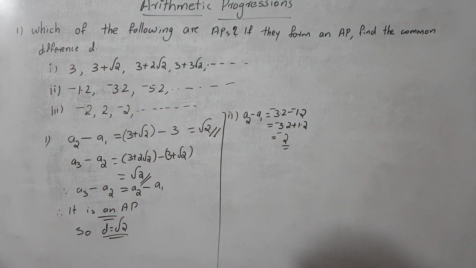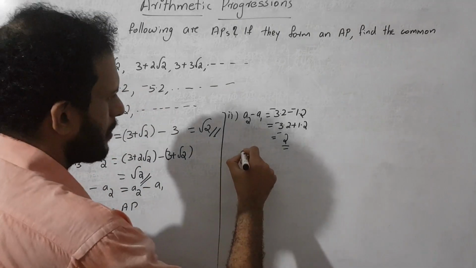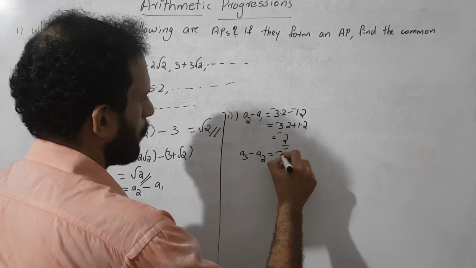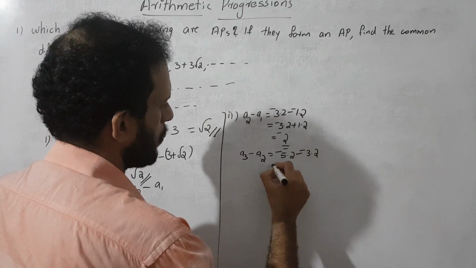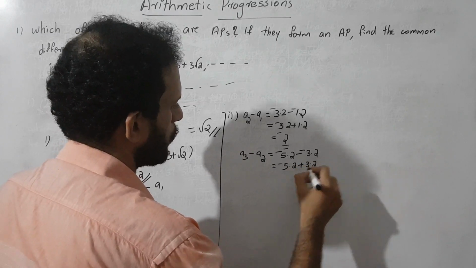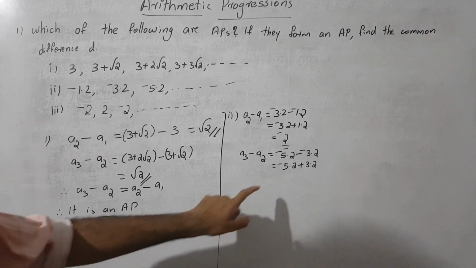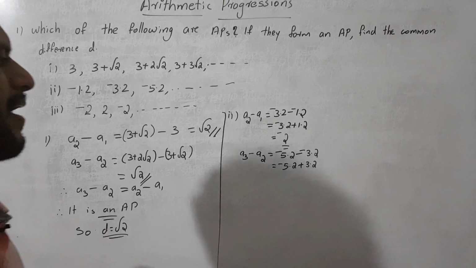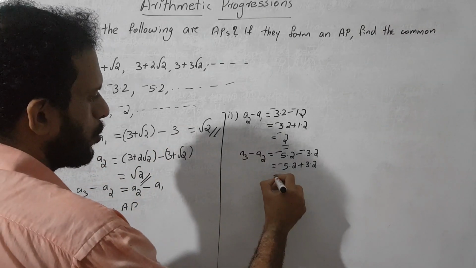Minus 2. Next we subtract the next term, third term minus second term. A3 minus A2 is equal to minus 5.2 minus (minus 3.2), that is equal to minus 5.2 plus 3.2. Here also the two have different signs, so we subtract 5.2 minus 3.2, which is 2.